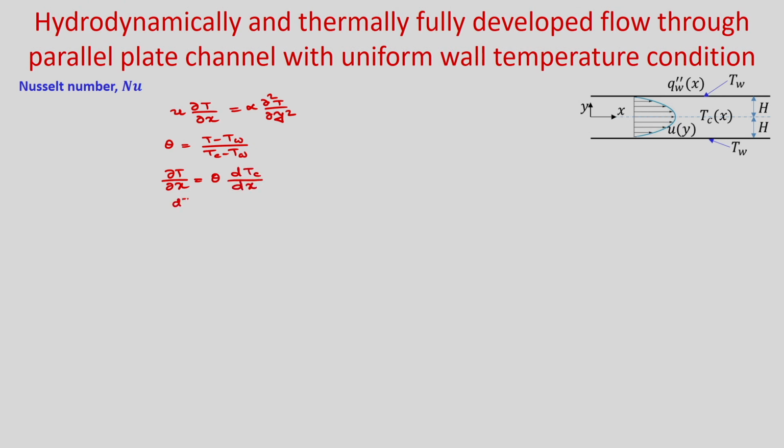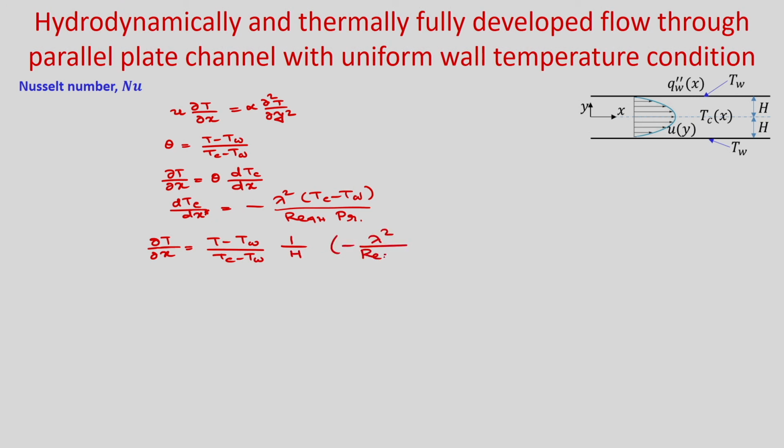And dT c by dx star we have found as minus lambda square into T c minus T w divided by Reynolds number into 4 h into Prandtl number. Hence, del T by del x, if you put all these, is theta into T c minus T w, 1 by h into minus lambda square by Reynolds number into Prandtl number into T c minus T w. So this is your del T by del x.